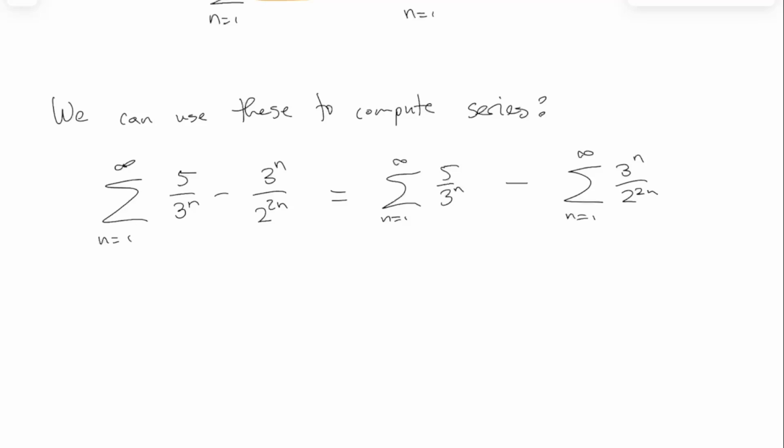Those techniques involve figuring out the a and the r. Each of them is a geometric series. So these two here are both geometric series, and I'm going to do them separately and then add together the answers, or subtract if you prefer.